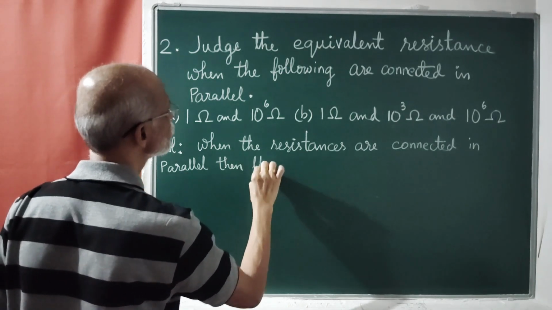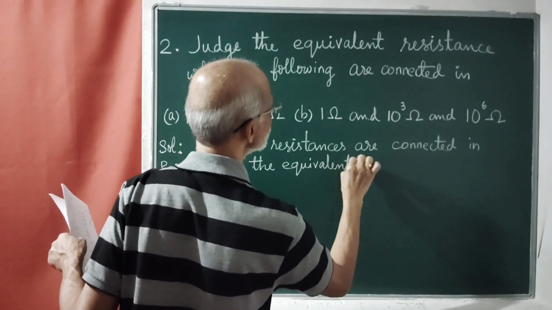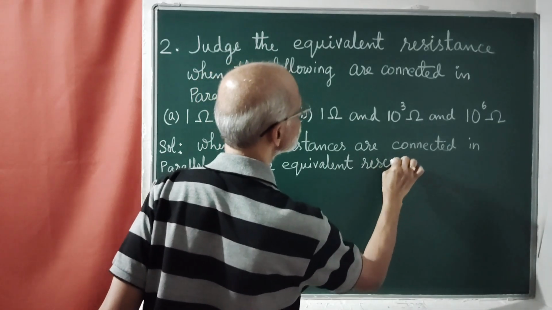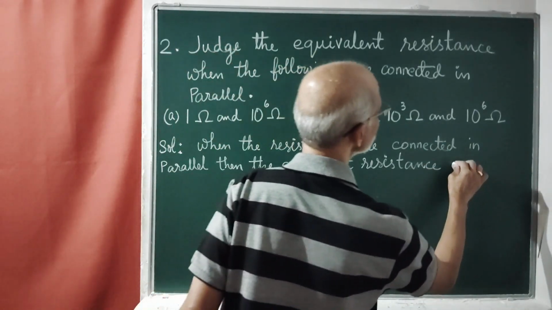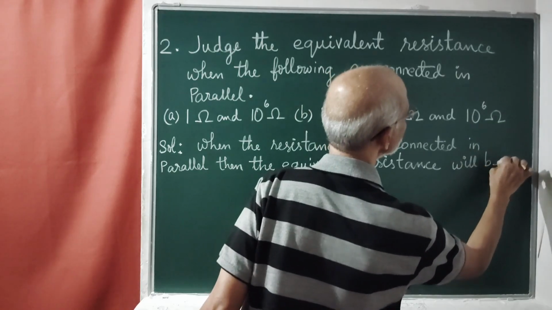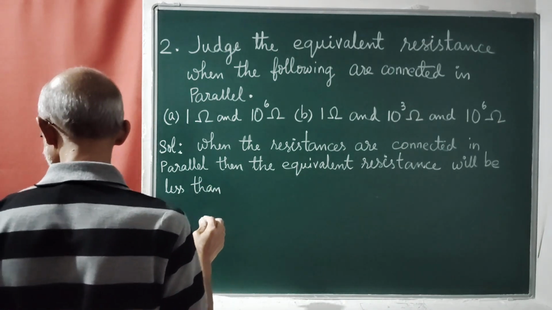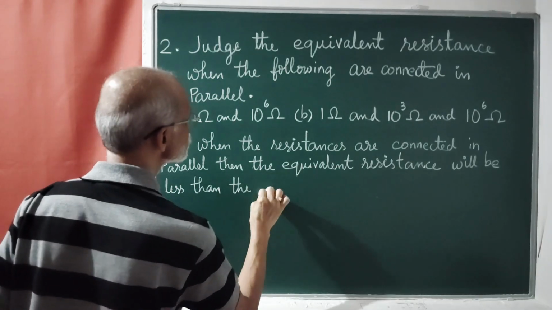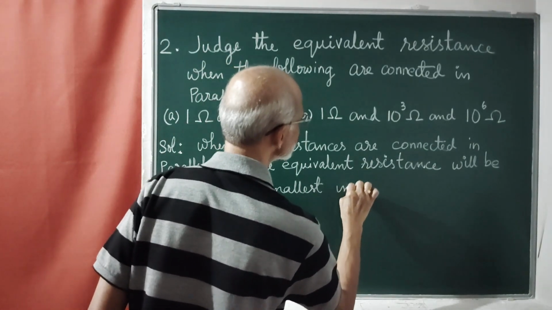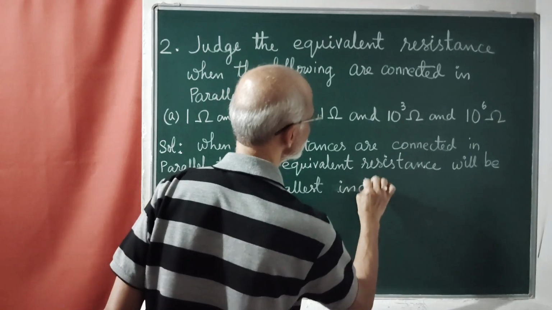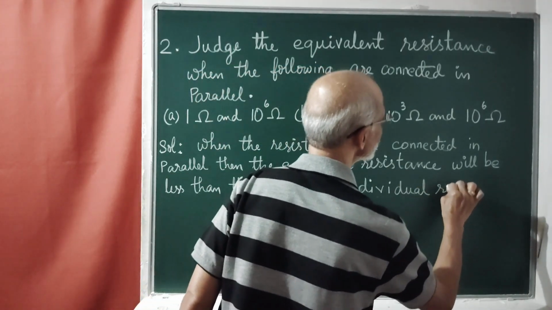Then the equivalent resistance will be less than the smallest individual resistance.